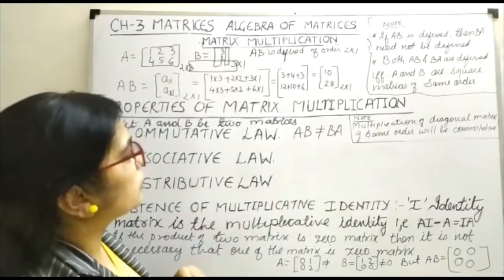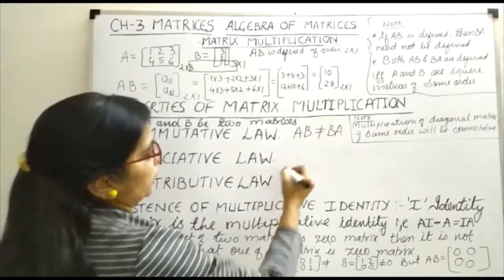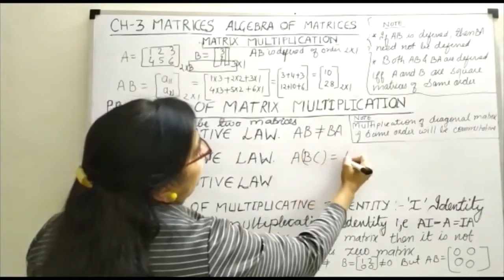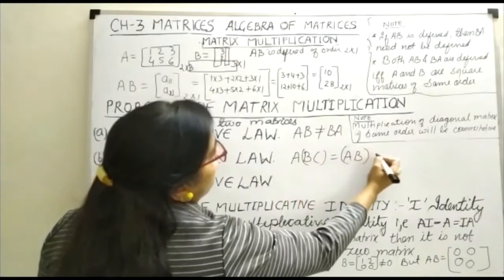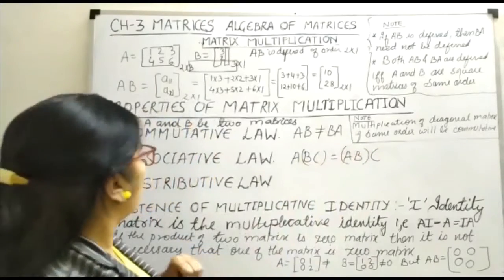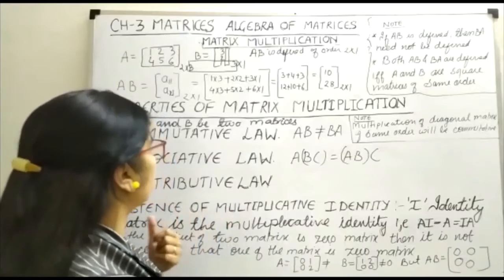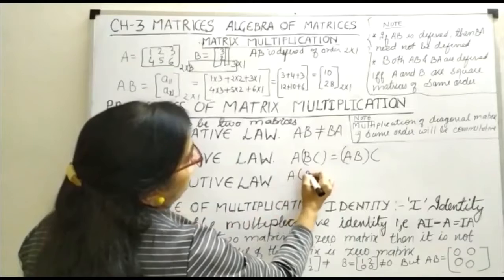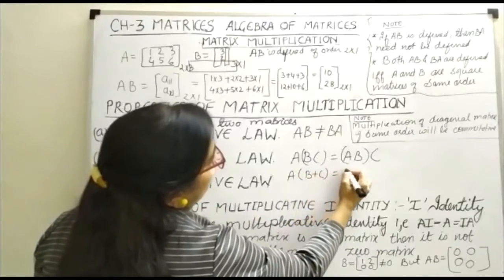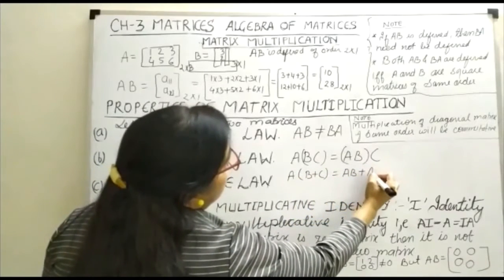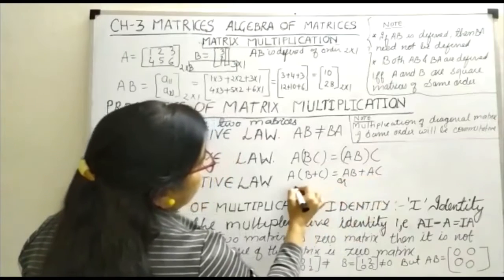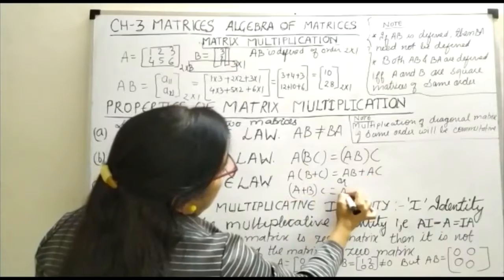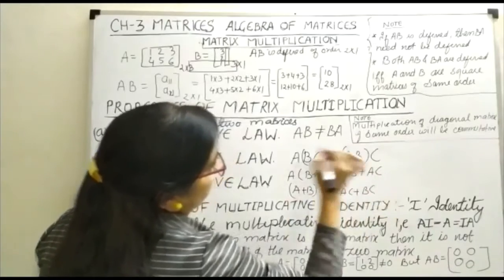Moving on to the associative law, if A, B, C are three matrices, then it holds that (AB)C is equal to A(BC). Now, the distributive law of multiplication also holds: A(B + C) is equal to AB + AC, and (A + B)C is equal to AC + BC.